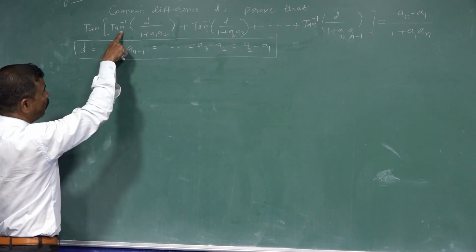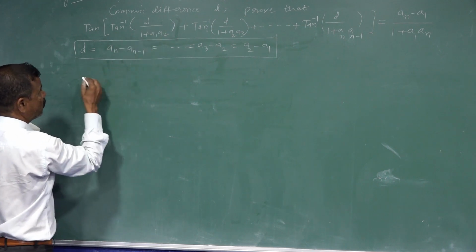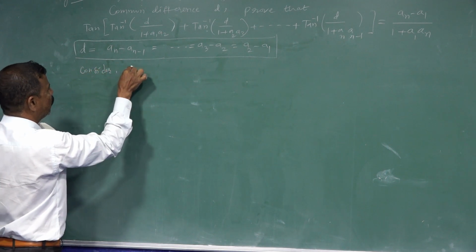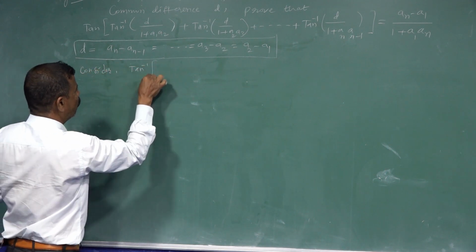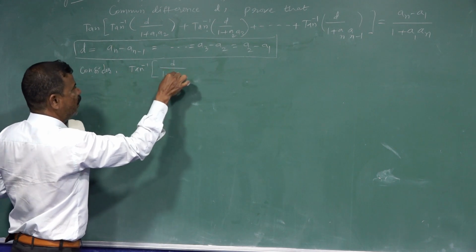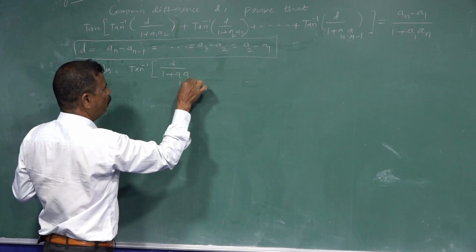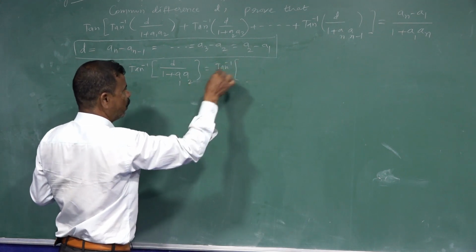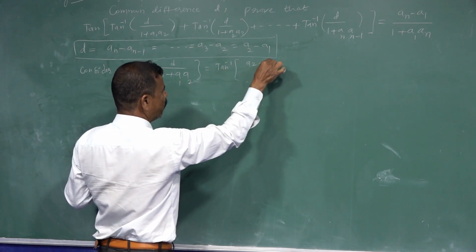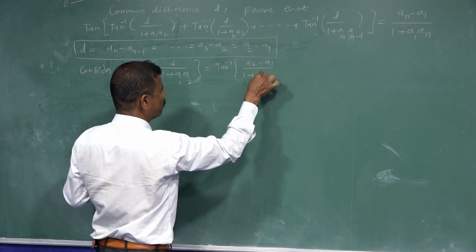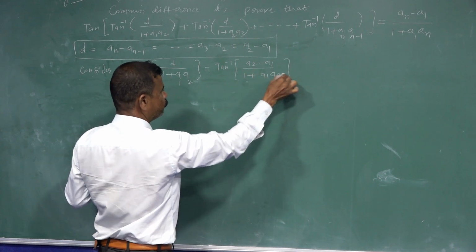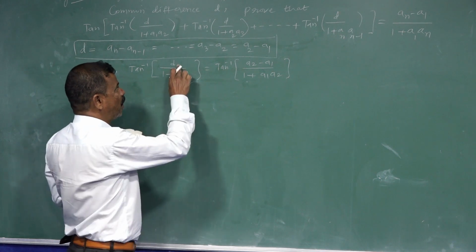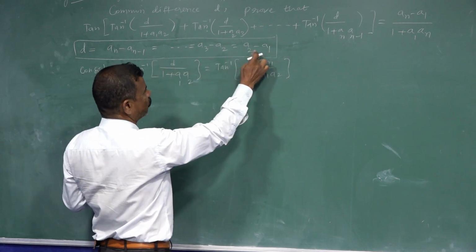Next, consider tan inverse of d by 1 plus a1 a2. What is this? It is tan inverse of (a2 minus a1) by (1 plus a1 a2), since d is a2 minus a1.